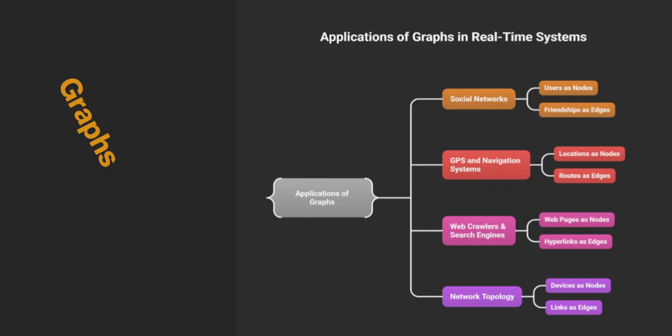So in all modern applications which we are using today, especially social media, GPS-based applications, search engines, and so on, day in and day out we are dealing with many applications in which internally one or another data structure is being used.